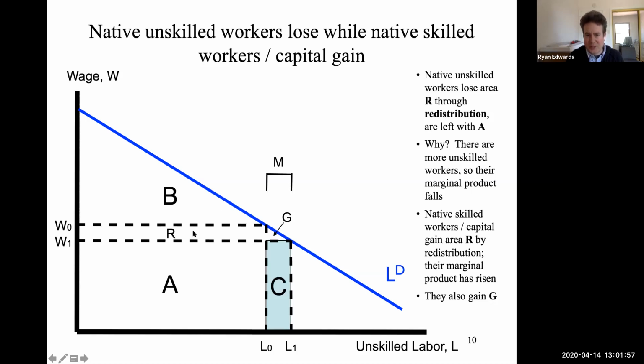Well, it's because adding more unskilled labor makes those factors more productive and diminishes the productivity of unskilled workers because there are more of them. But the other factors which are in fixed supply right now benefit from this. So you could think about this as being a sort of political economy theory of which forces within a country or which groups might be pro-immigrant or anti-immigrant, at least in theory.